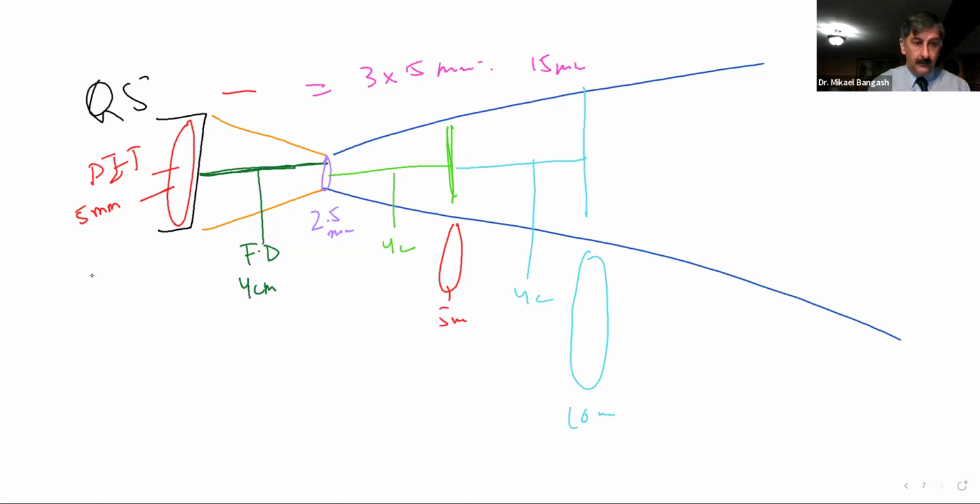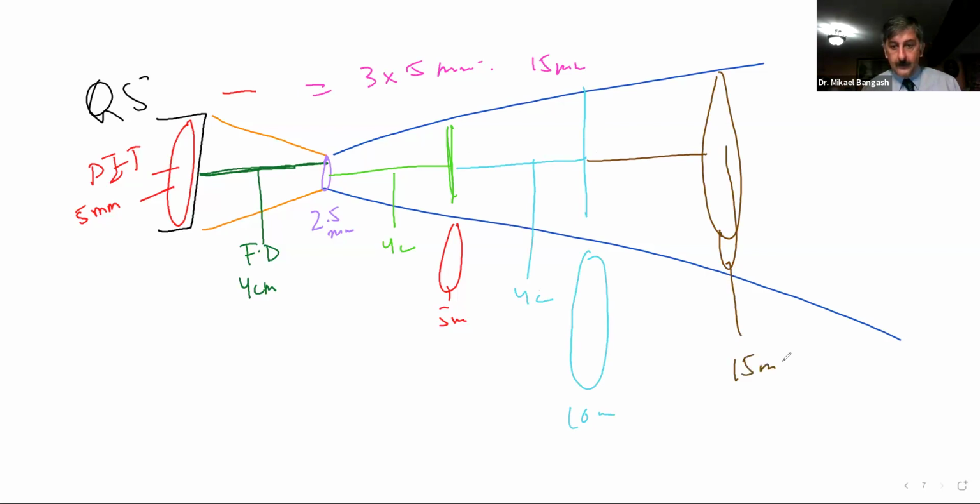And again, if we take another 4 centimeters, then the beam is going to be 15 millimeters. Clear? Did that make sense?